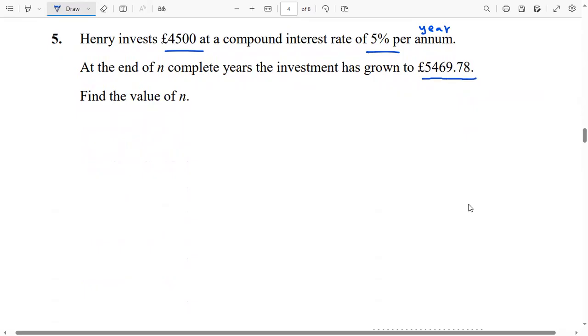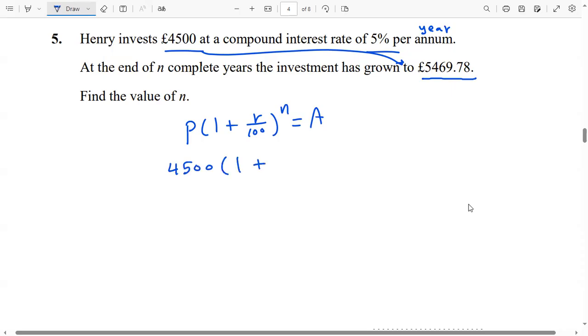Here, what I'm asking about is the number of years, so that this amount becomes this amount. How? Just write the formula the opposite way: principal times 1 plus R over 100 to the power n is equal to the final amount A. The input money is 4,500 times 1 plus 0.05 to the power of n, equal to the final amount.